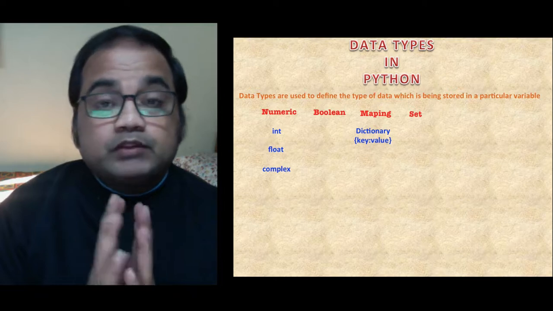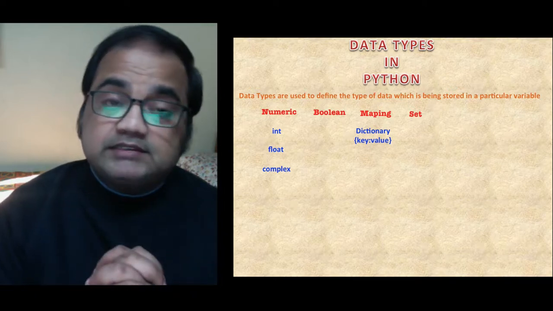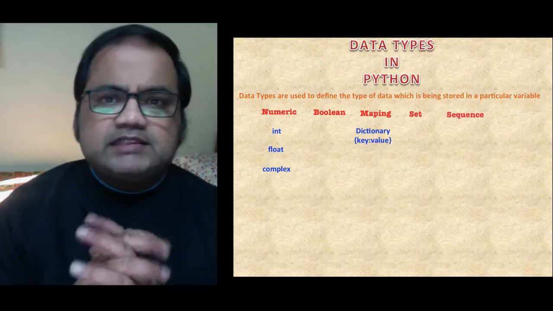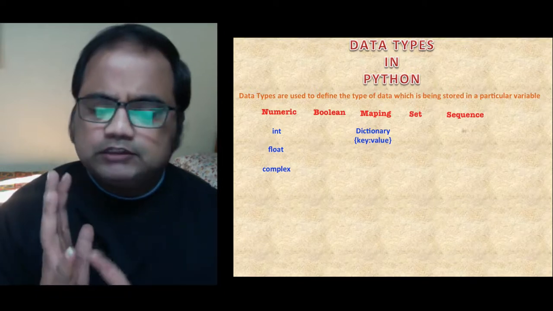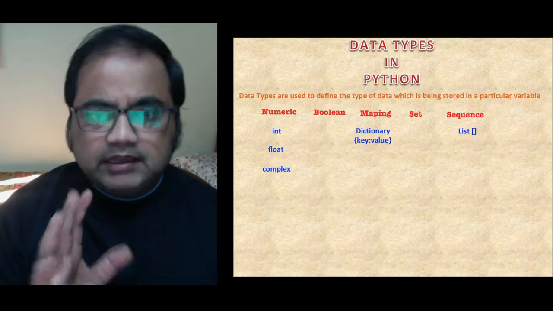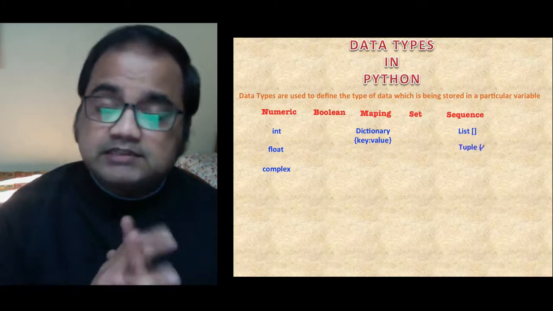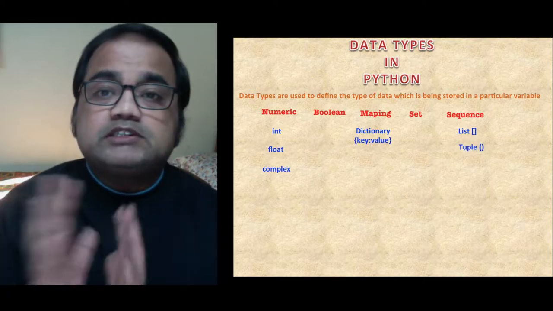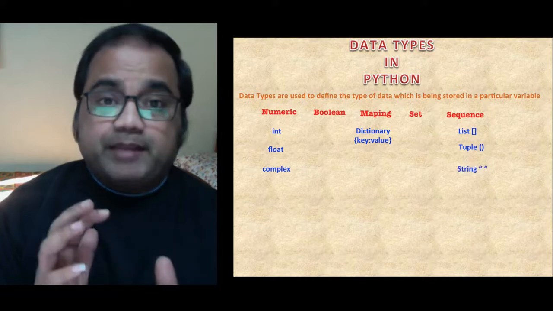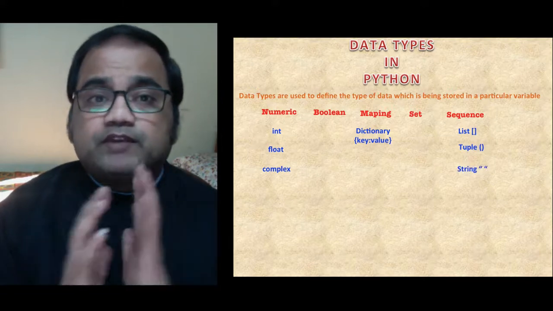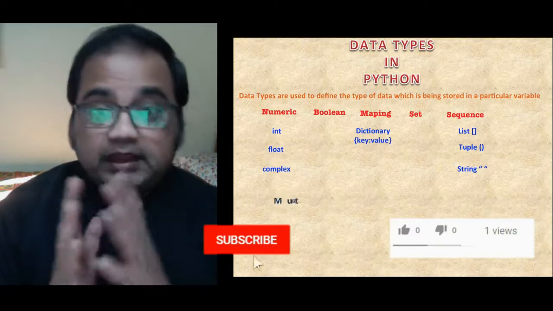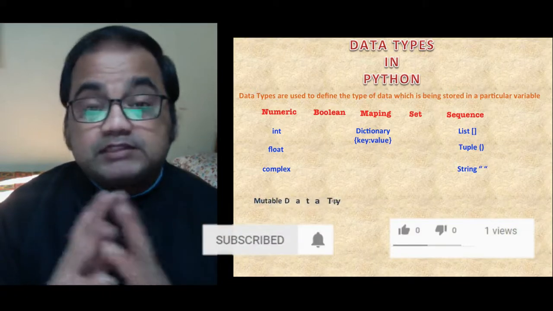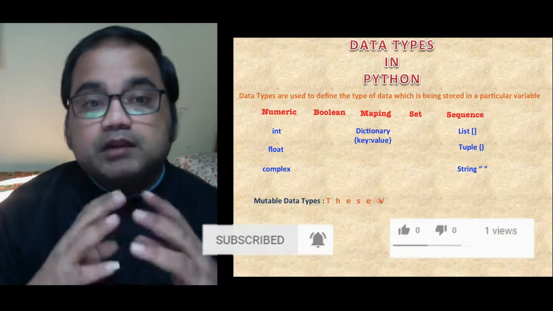And now, another type is sequence data types. In sequence data types, there are three data types: list, tuples, and strings. Dictionaries are also a sequence data type, but they are mapping types. That's why they are a different category, the mapping category, right?